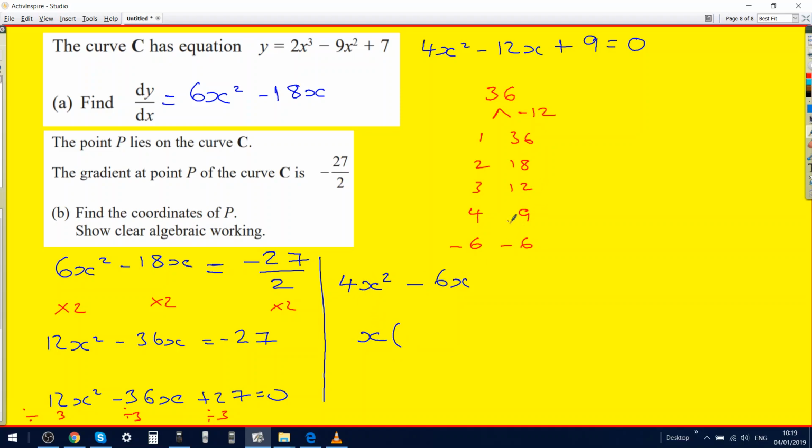What else do they have in common? So that goes in the bracket there.